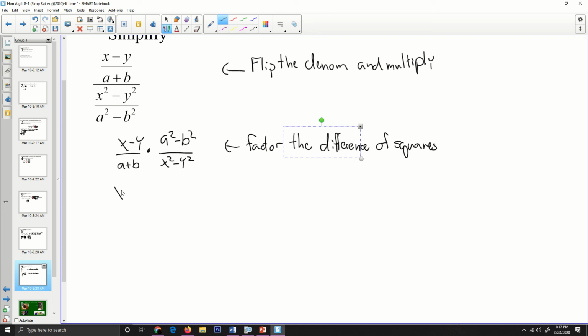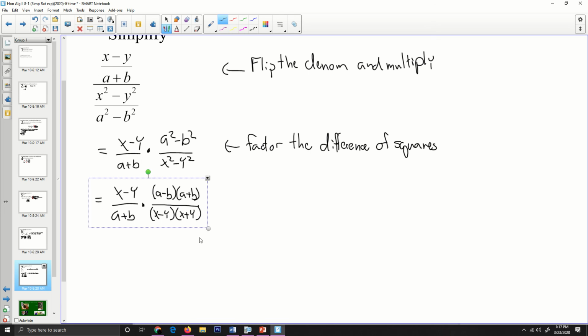All right, and so I'll have x minus y on the top, a plus b on the bottom. Those things don't factor, but I can factor this thing to a minus b times a plus b. And in the bottom, I can factor that one to x minus y times x plus y. Put some equals there.